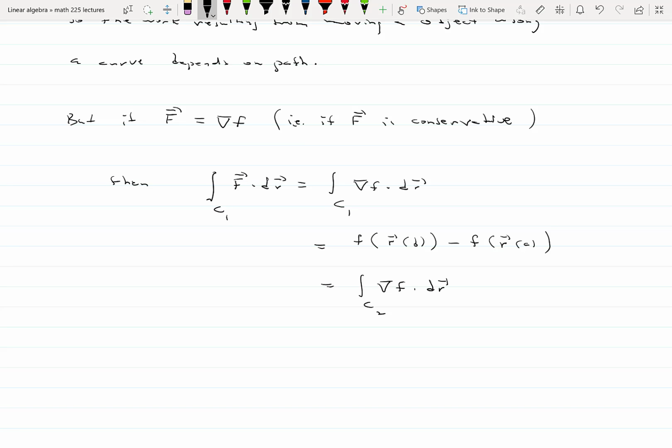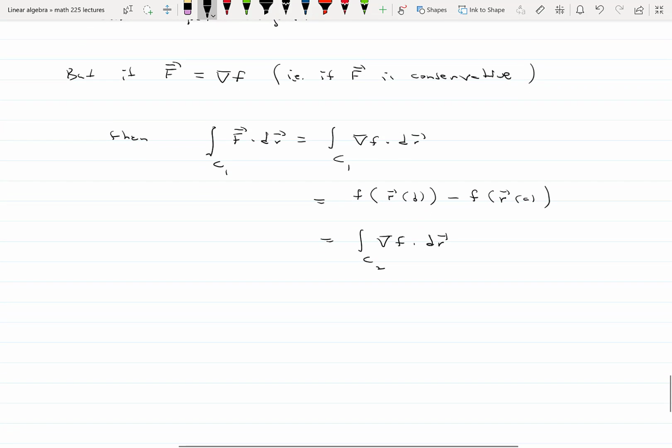Because the fundamental theorem says so. It's using the fundamental theorem in the reverse order: the difference between f of r of b and f of r of a should equal the integral along C2. But the gradient of the function, the force function, is conservative, so this is nothing more than the integral along C2 of F dot dr.